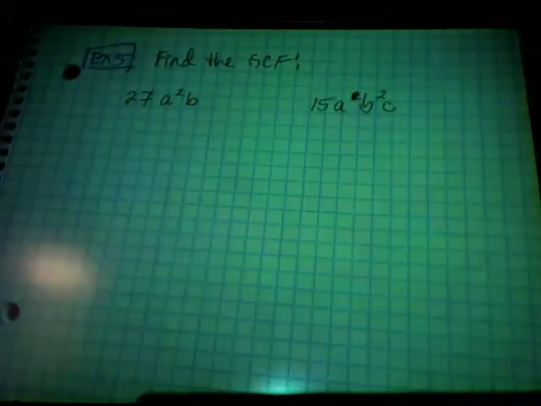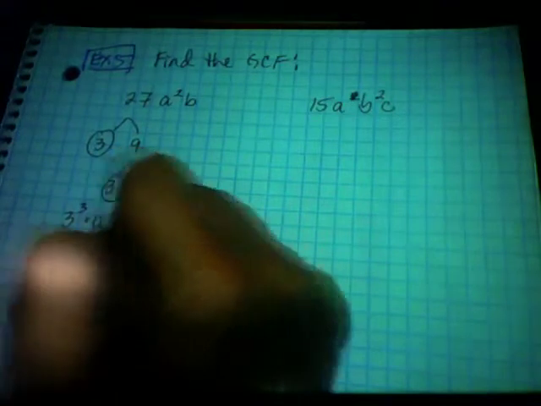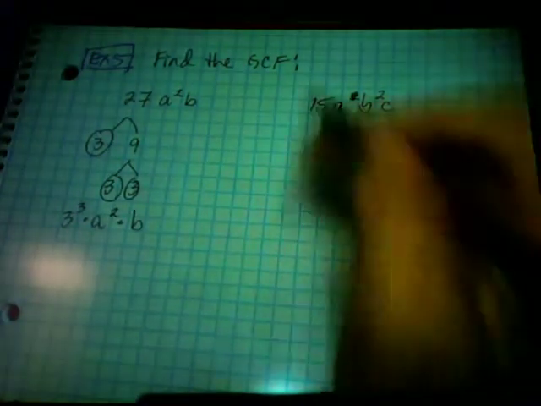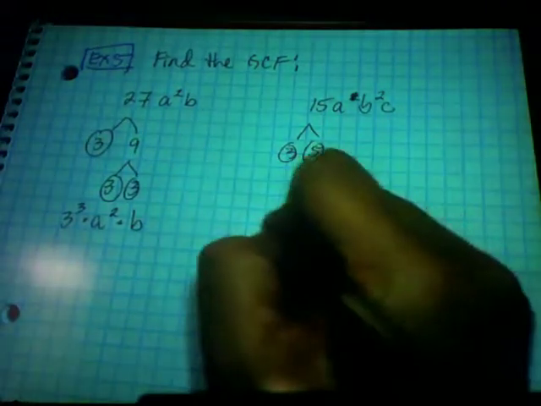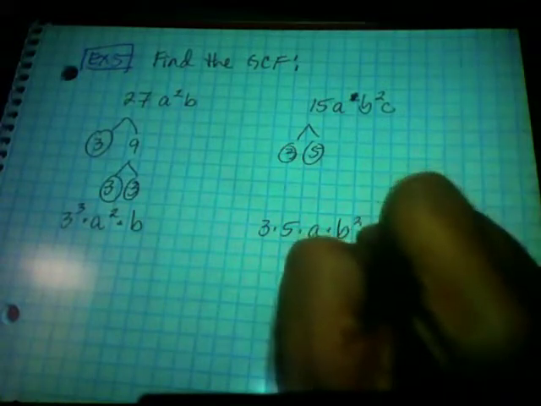So if you prime factor 27, 3 times 9, and then 9 is 3 and 3. So we've got 3 to the third times a squared times b. And then 15 is 3 times 5, which gives us 3 times 5 times a times b squared times c.